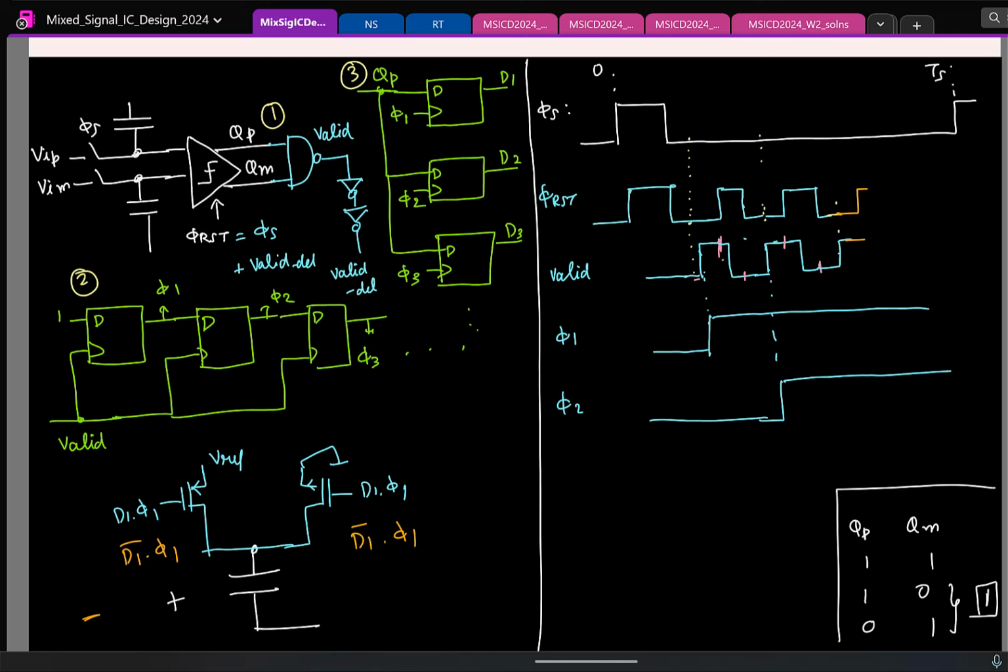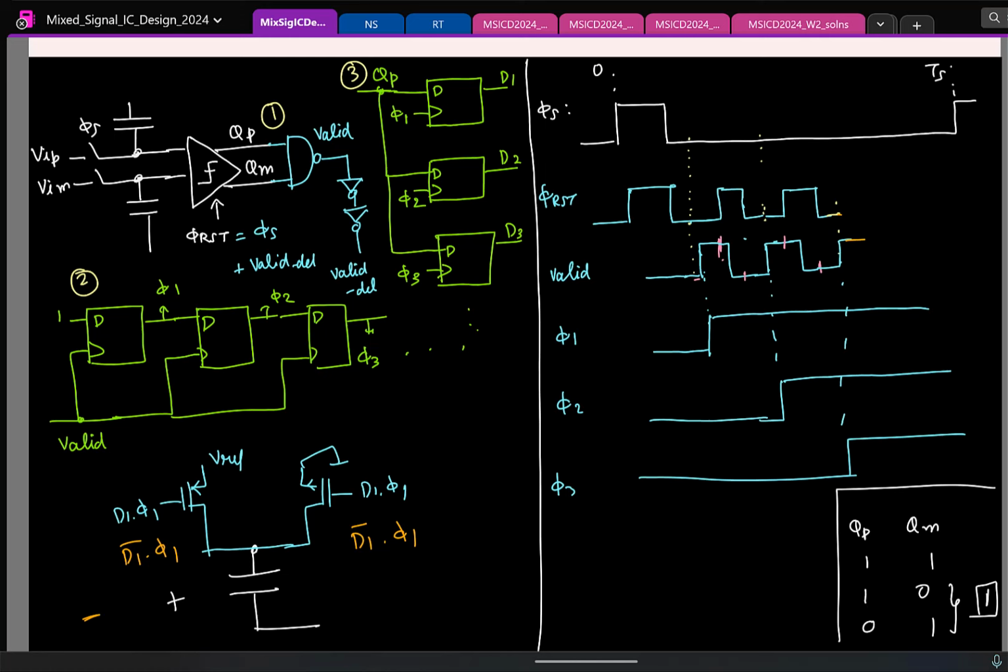So after I finish the last comparison, what should I do to the comparator? Yes, you want to reset it once the last comparison is done. So let me draw phi 3 also here. Phi 3 will go high the third time the valid signal goes high. So we have to reset the comparator once the last decision is made, and in this case it is the third decision.